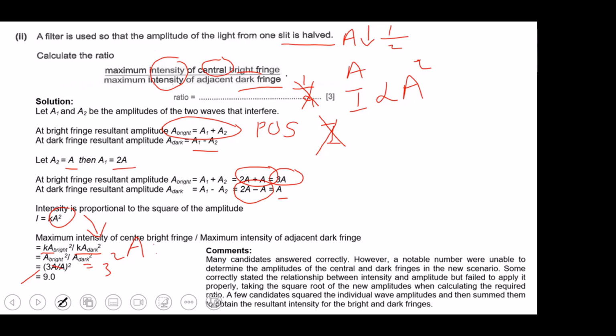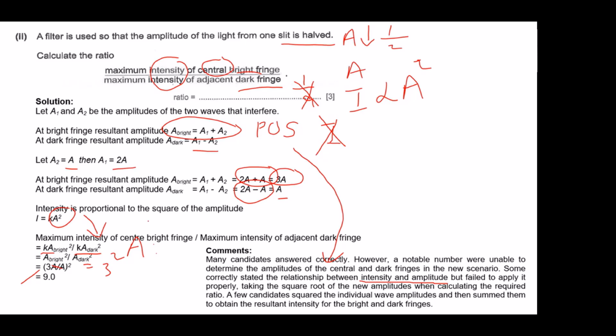Okay, many candidates were able to answer this question correctly. Some of them, however, were unable to determine the amplitude of the central and dark fringes due to the principle of superposition. Some can state the relationship between the intensity and amplitude, but fail to apply it correctly.